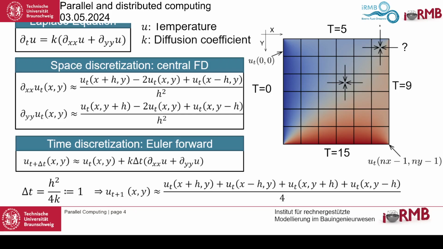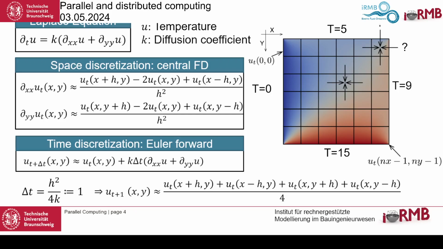So you go to t plus delta t, and you do this minus u at t, and you divide this by delta t. So this is your approximation of dt u.